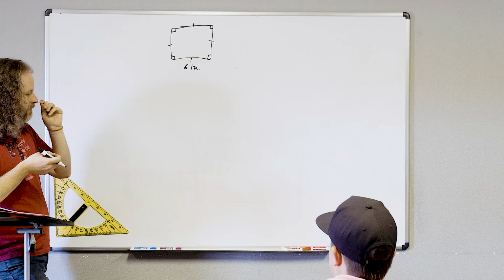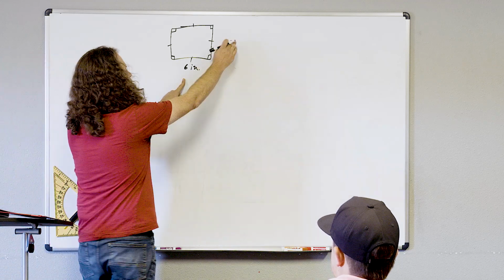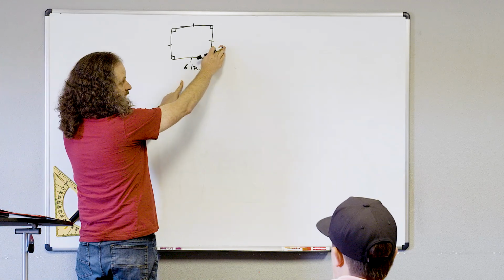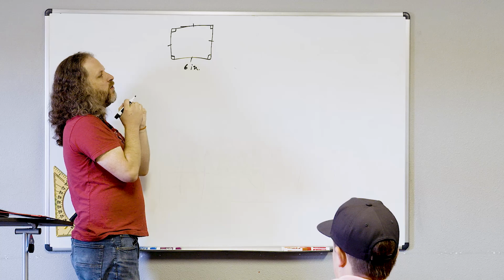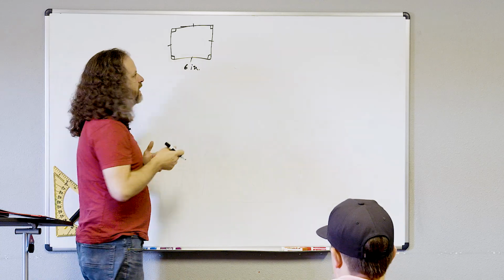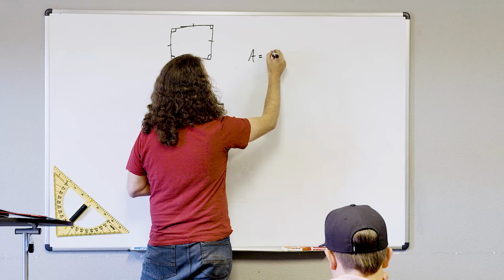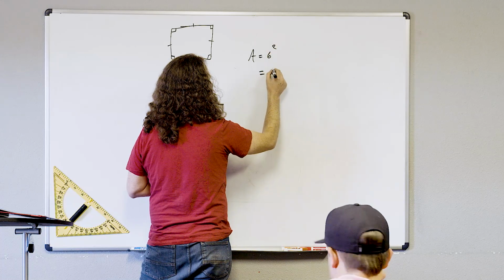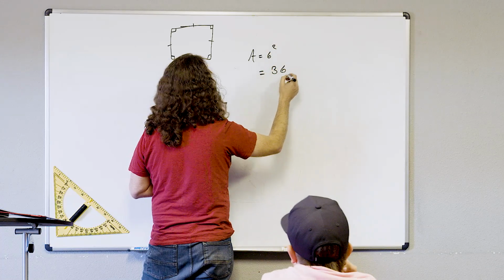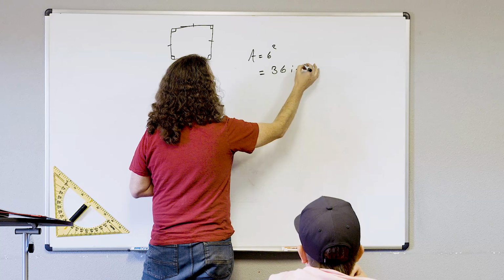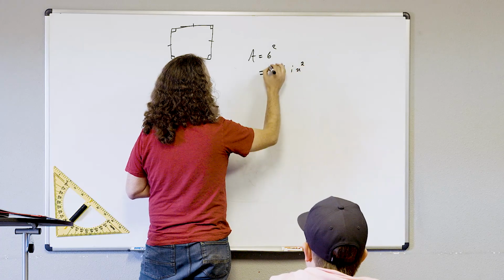Because it's length times width, so that'll be 6 times another 6, or 6 squared, because that's what squared means. So the answer for area would be 6 squared, so it would be 36, and then the units is inches, so inches squared.